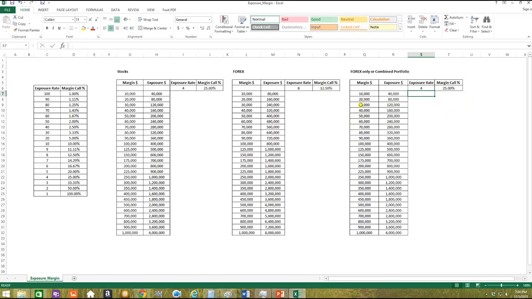So here we start off with $20,000 margin and 80,000 exposure. As we increase up the scale, we increase our exposure rate because we're making money. And then as we make more money and, say, go from 30,000 to 40,000, we can increase our exposure rate again.